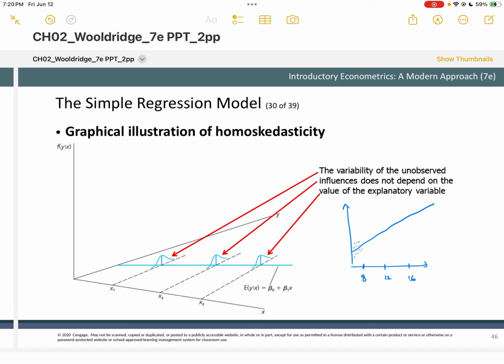If you take the lower levels of education, and if you take the higher levels of education, the variance is the same. That's homoscedasticity. So let me fill in the middle part.